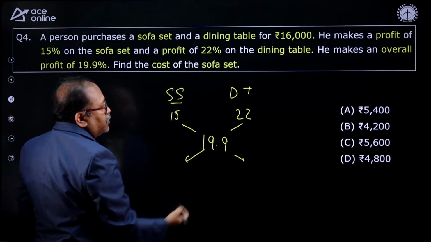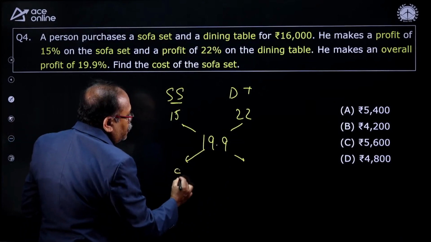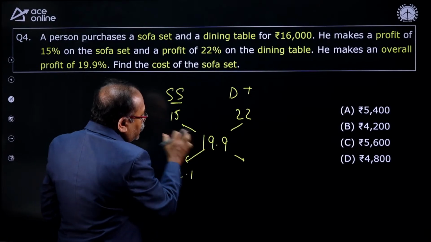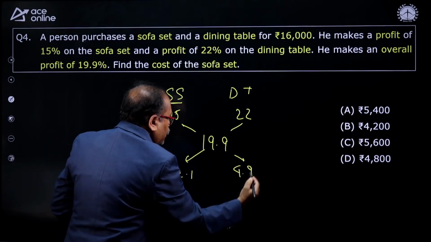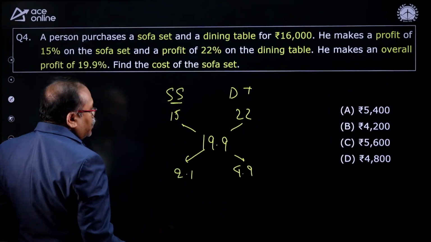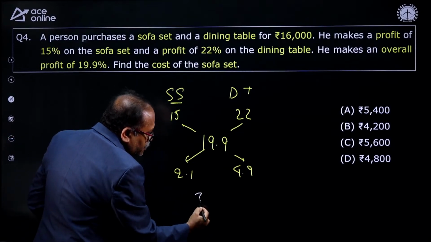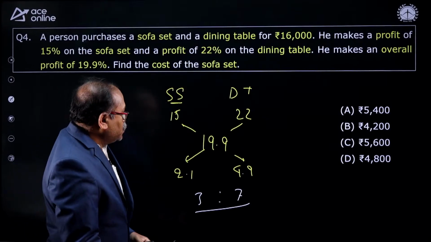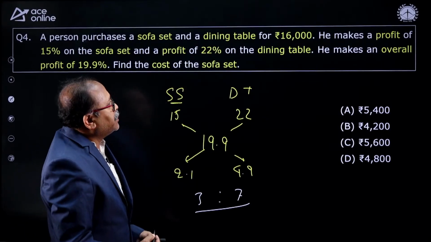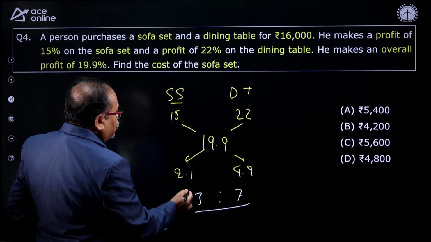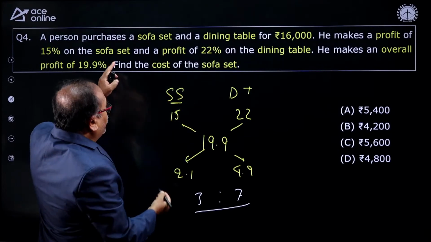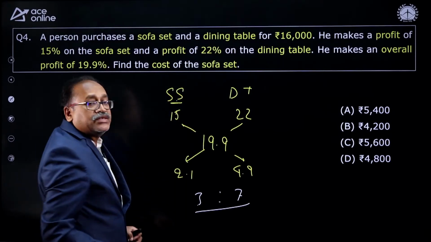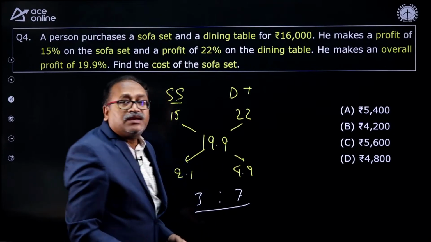Now when you take the difference, you find that this is 2.1 over here. And when you take the difference over here, this is 4.9. So you see here this is 3 and this is 7, so 3:7 is coming. So the 3 part is the sofa set and the 7 part is the dining table out of the total cost price.